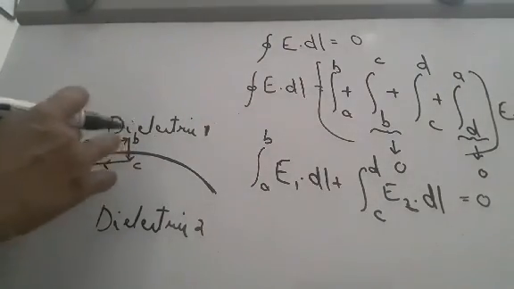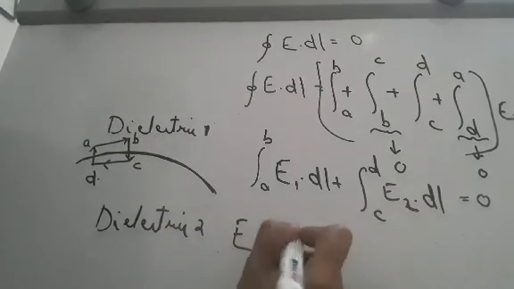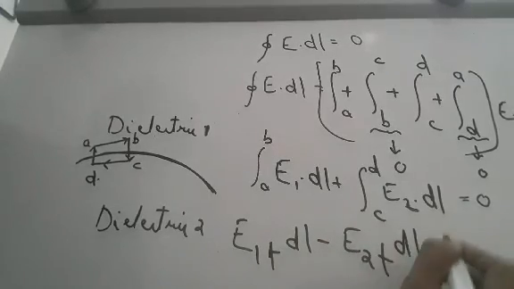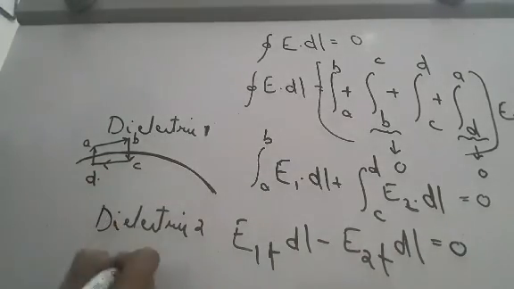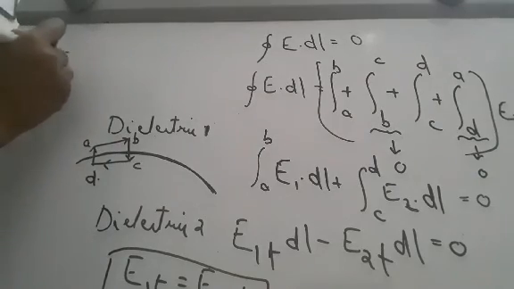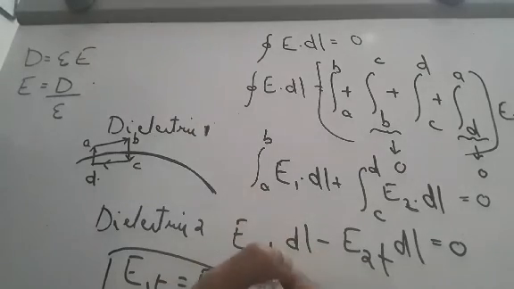From the figure itself we can know that these are the tangential components. So E1t into dl minus E2t into dl is equal to 0, or E1t is equal to E2t. We know that D equal to epsilon E, so E equal to D by epsilon. So in terms of electric flux density, we can write the same as D1t by epsilon 1 is equal to D2t by epsilon 2.